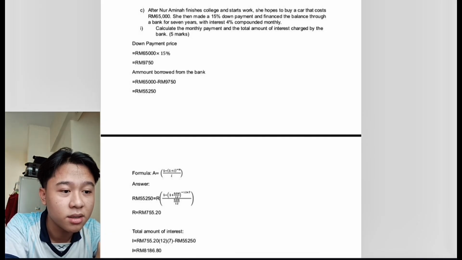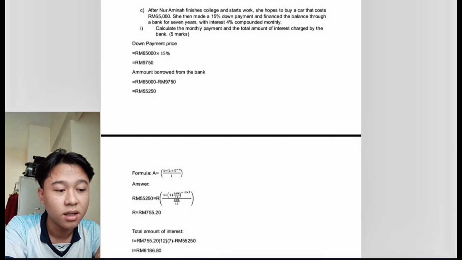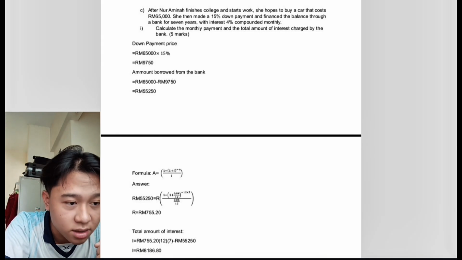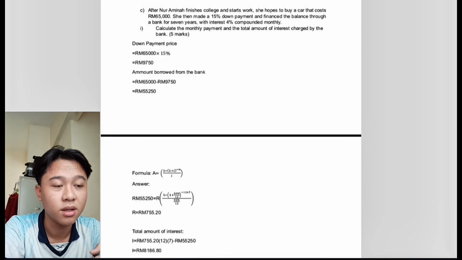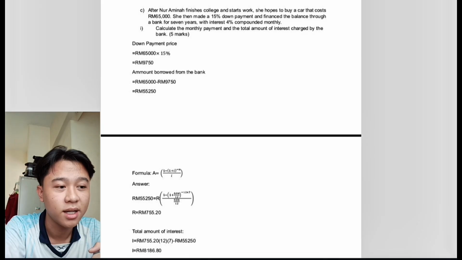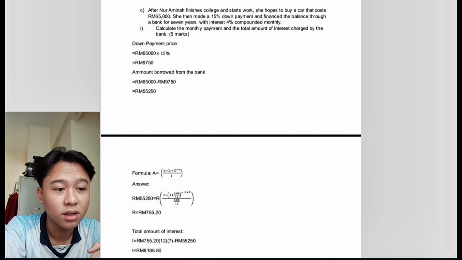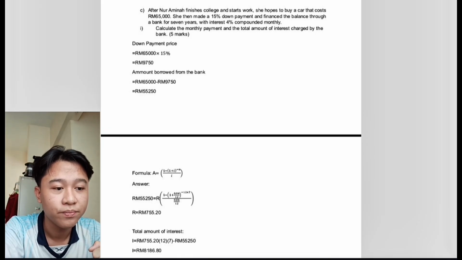After that you input the power minus 12 times 7, and after that you divide by 0.04 over 12. Then you close the bracket and you can find the answer on the calculator. So the answer is 755.20.